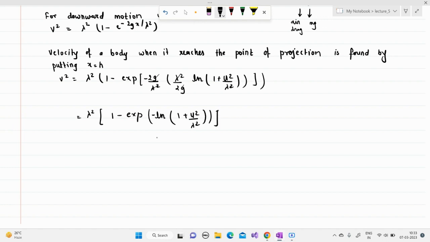Okay, now we know that exponential and log get cancelled. If we take this minus 1 to the power of this, it will become 1 minus exponential of log of 1 plus u square by lambda square minus 1.